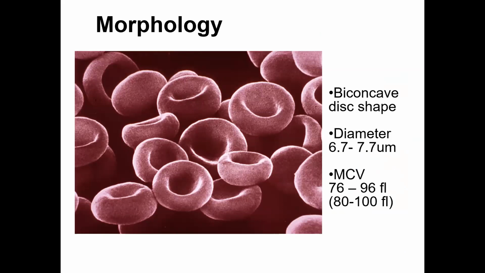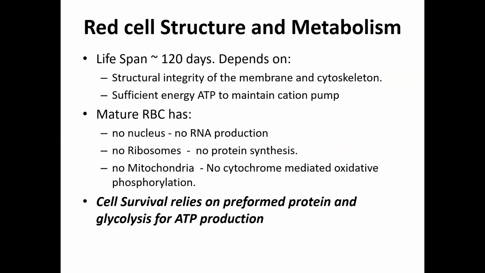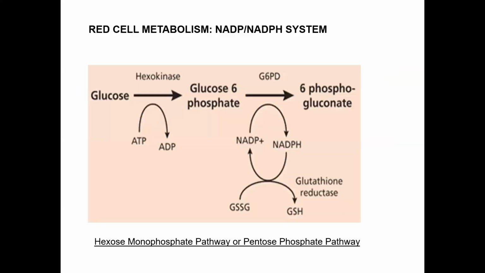But by using these automated counters, I can get the mean cell volume. If your mean cell volume is low, your red cell size is small. If it increases, say above 100, it means your red cells have increased in size, okay?